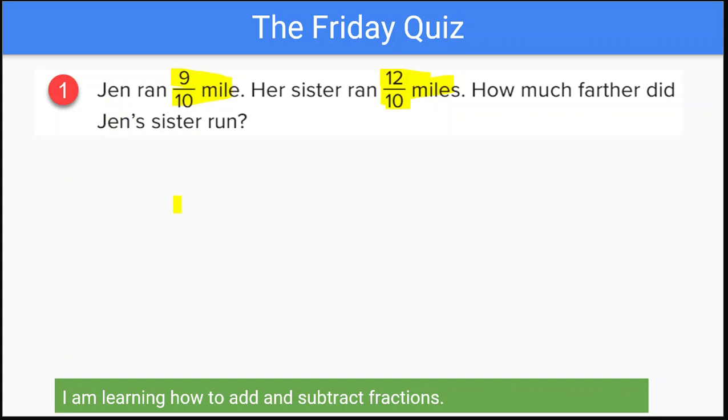Whenever you're doing subtraction and finding the difference, you have to start with the bigger number first. So it's going to be 12/10 take away 9/10, and that's going to equal some number of tenths. I'm not going to tell you what it is. You figure that one out.